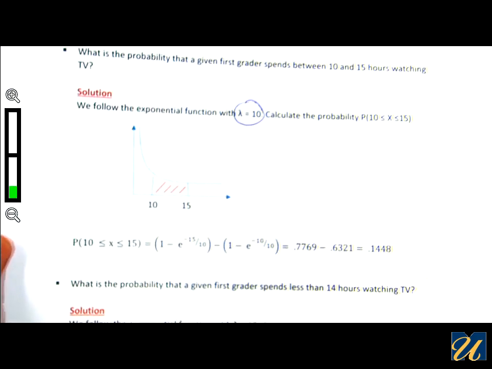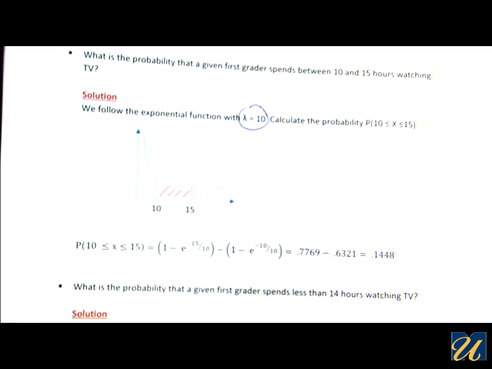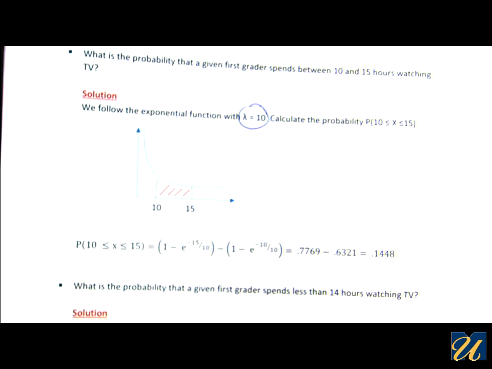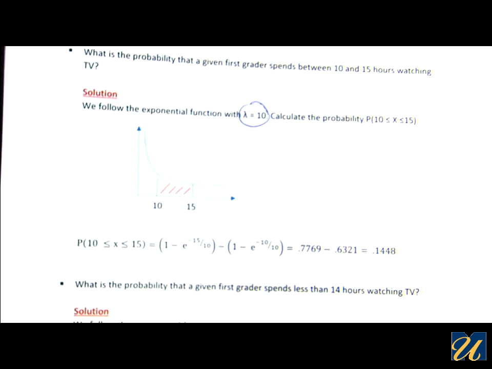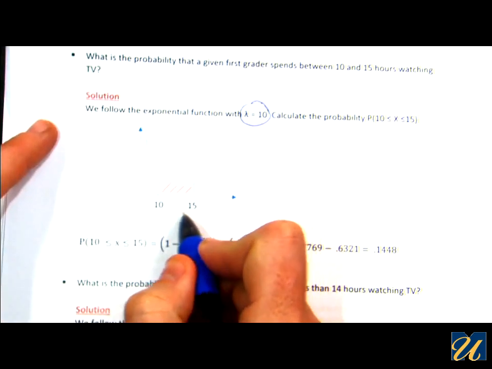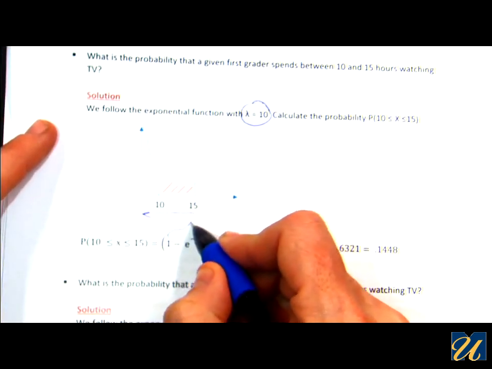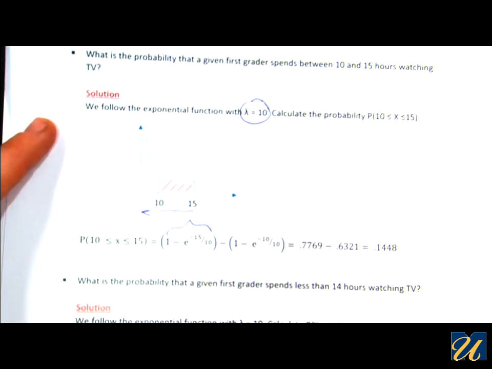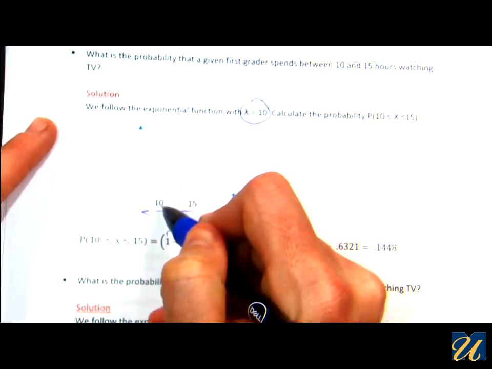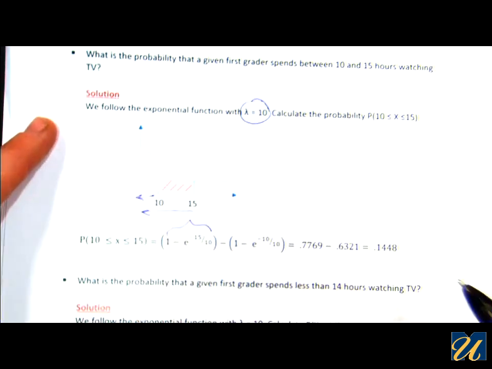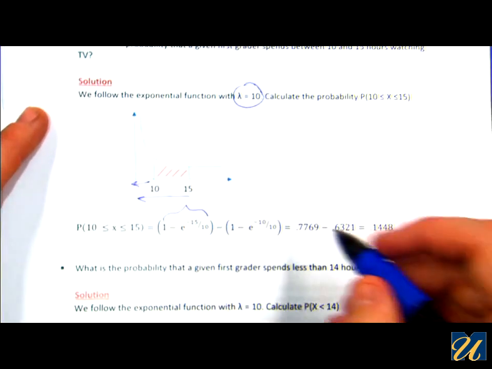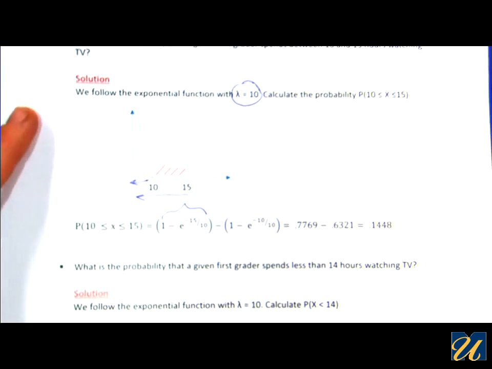We want to calculate the probability that x is between 10 and 15. All right, so we find the area that is less than 15, which is this calculation right here, minus the area that's less than 10, which is this area right here.